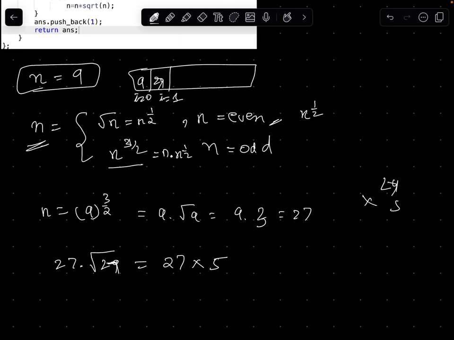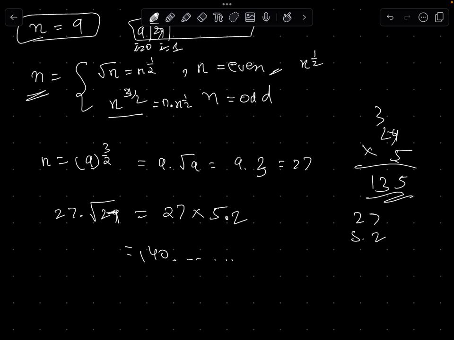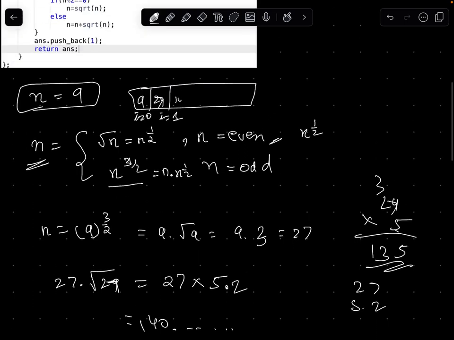What is 27 into 5? It is 135, and the root is 5 point something, around 5.2. When you multiply it, you will find a value of 140 point something, and as you only have to capture the integer portion, it will be 140 only. So the next value is 140.